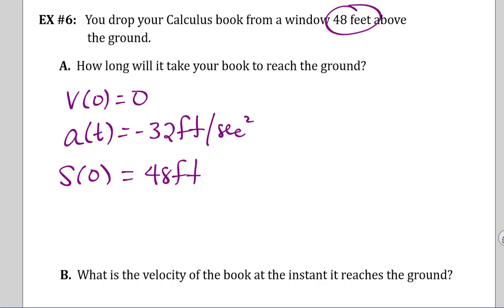That's where we're starting. All right, and so what I'm going to have to do again is use my acceleration function to get velocity, and then we're going to use velocity to get position. Okay, so we'll start by saying velocity is going to equal the integral of negative 32 dt.